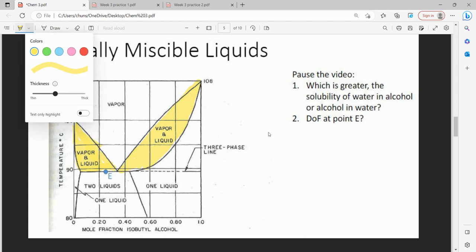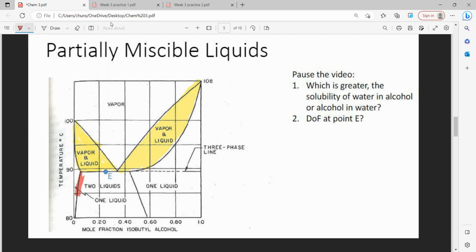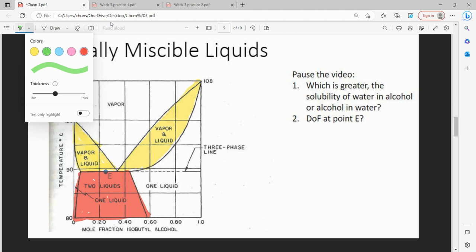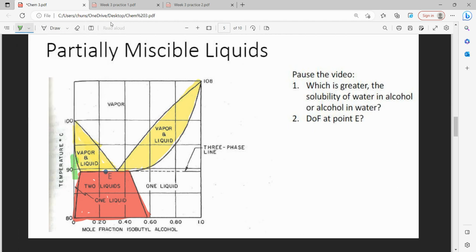But now we also have a region where we have two liquids, a region where we have one liquid in green, and a region where we have the other liquid.